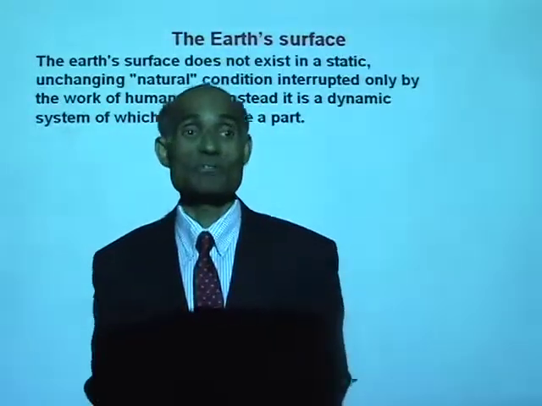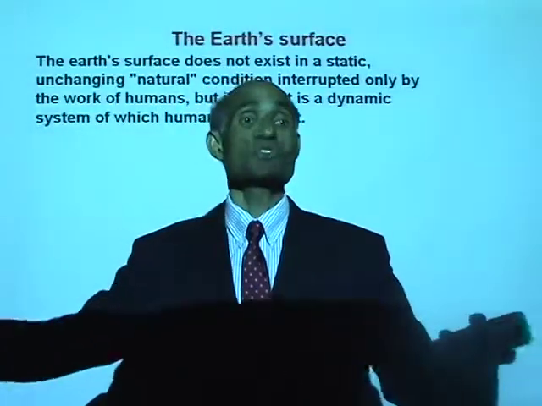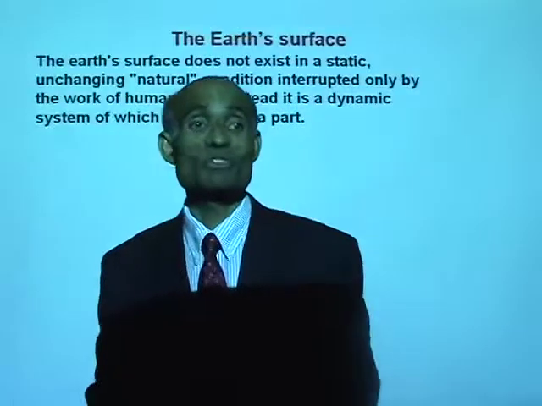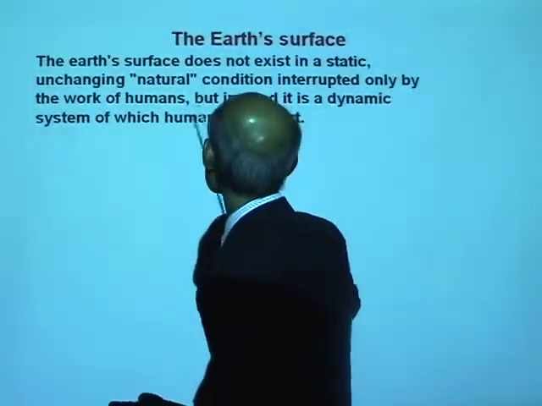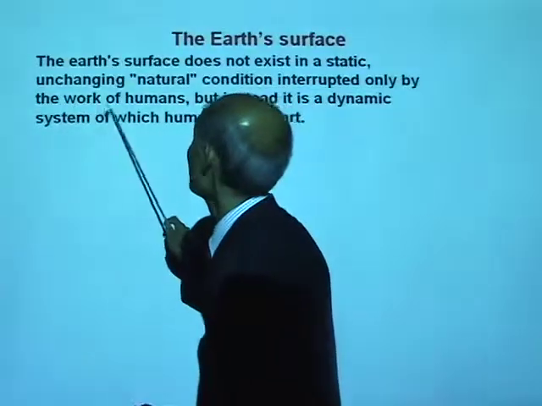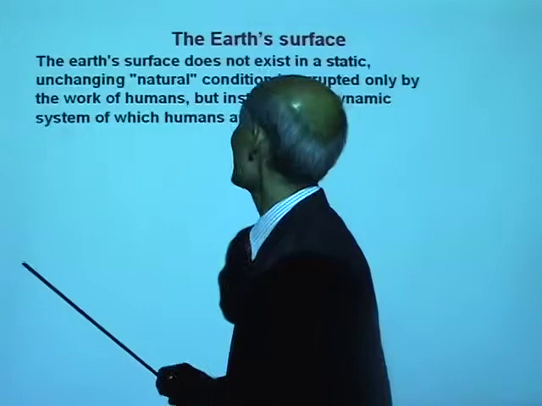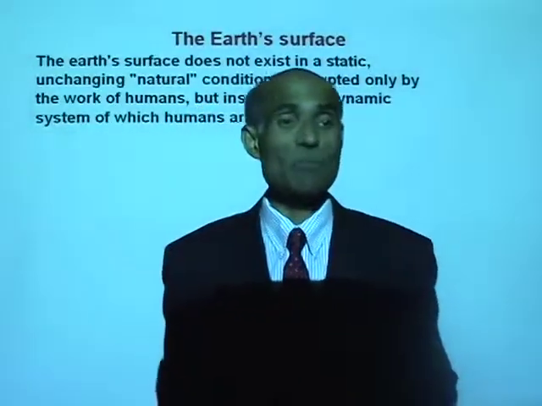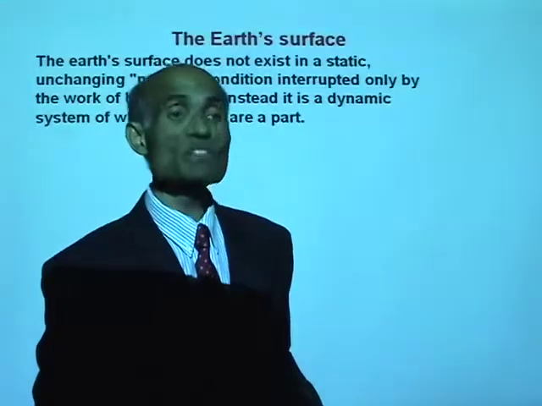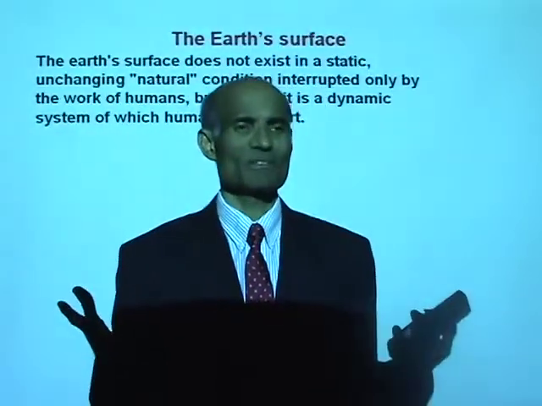The earth's surface does not exist in a static, unchanging, natural condition, interrupted only by the work of humans, but instead it is a dynamic system of which humans are a part. Now, very often we say, well, humans destroy the surface of the earth.